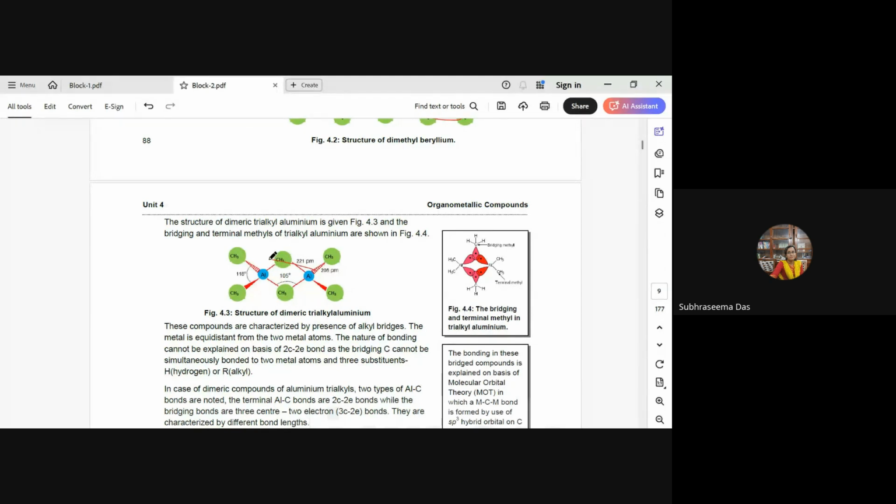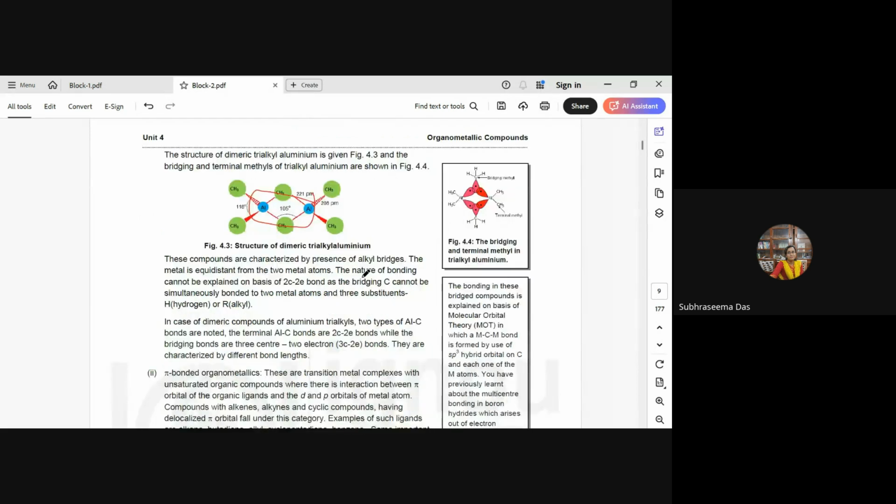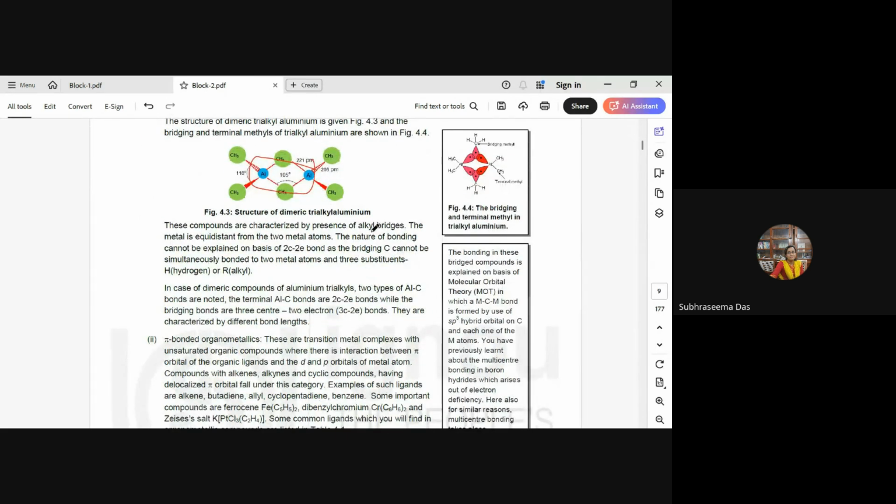Here the aluminum atoms are joined through bridges, and there are the bridging methyl groups and the terminal methyl groups. These compounds are characterized by the presence of the bridges. The bridging carbon is equidistant from each of the two metal atoms. On the basis of a 2C2E bond, a bridging carbon cannot be simultaneously bonded to two metal atoms.